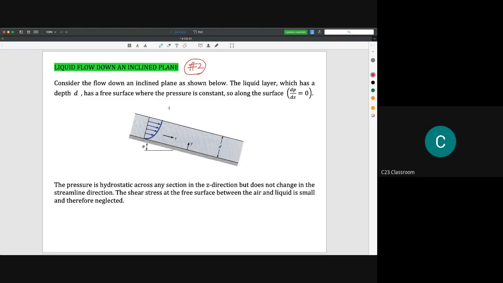Again, here we assume that the depth is d, and the pressure is also constant. There are so many assumptions. One of them is because we are working at atmospheric pressure, so we take dp/ds equal to 0.